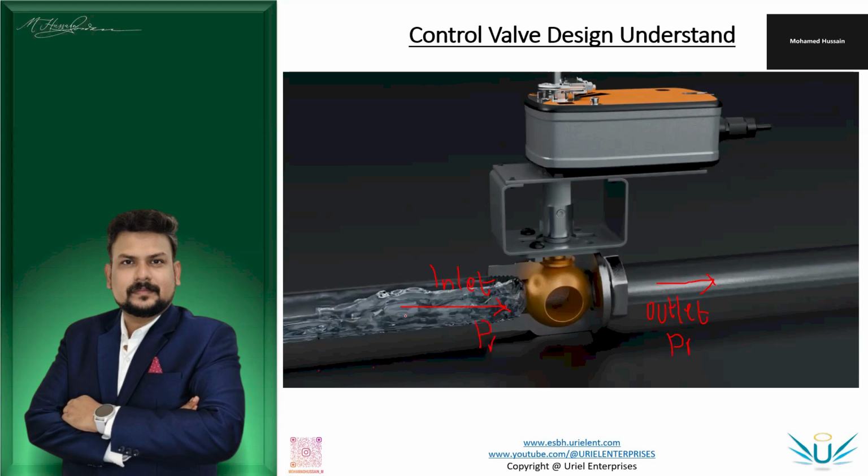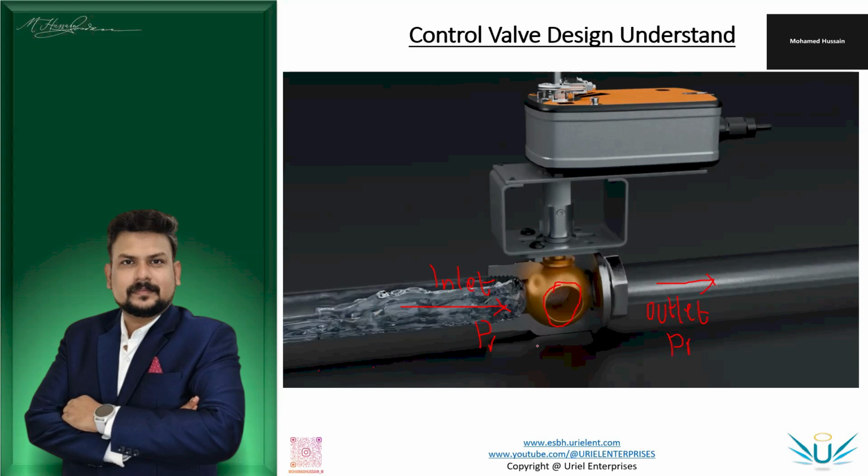So if the inlet has some 10 psi, the outlet obviously will have some reduced pressure, because inside the valve it is slowly opening. That valve mouth will be a little bit lower than the pipe size, and inside the valve the flow will be reduced, so obviously the pressure will be reduced. If the volume is reduced, obviously that pressure also will reduce.